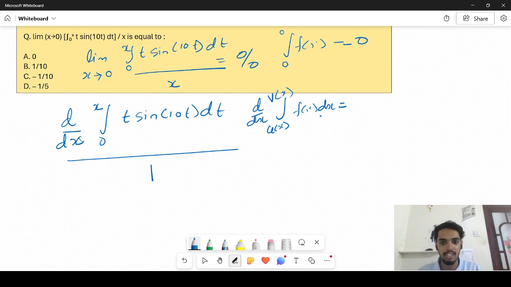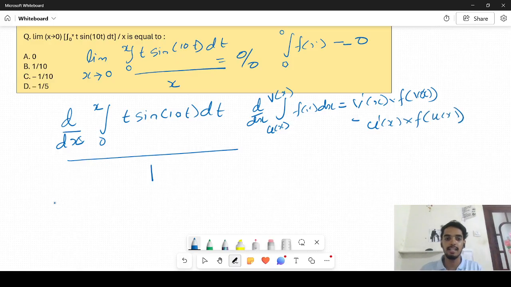The derivative of such an integration with limits will be the derivative of the upper limit times f of v of x, minus the derivative of the lower limit u of x times f of u of x, right? So if you do that differentiation, in the numerator we will get x sin 10x, divided by 1.